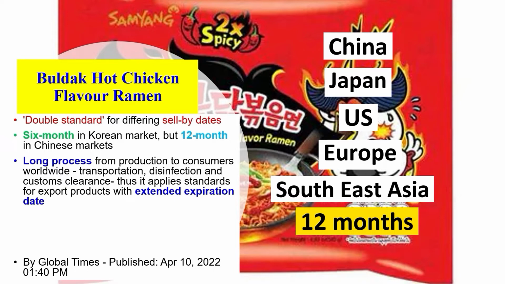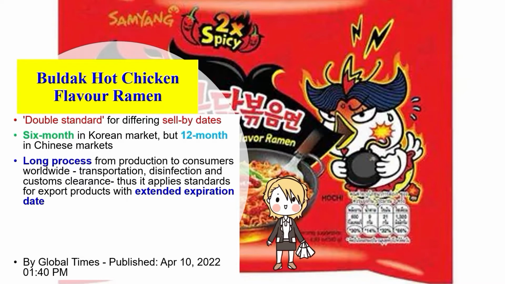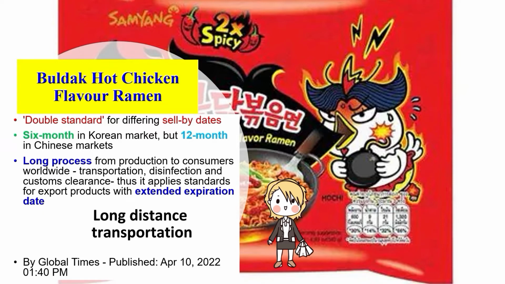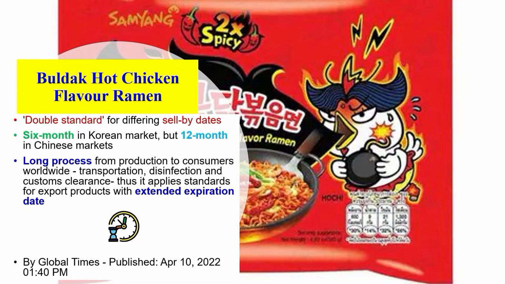And then they gave a reason. They said the export products need to go through long distance transportation, quarantine requirements, customs clearance and other processes which require a long circulation time. So the instant noodles made in South Korea need to extend the expiration date for the export markets.